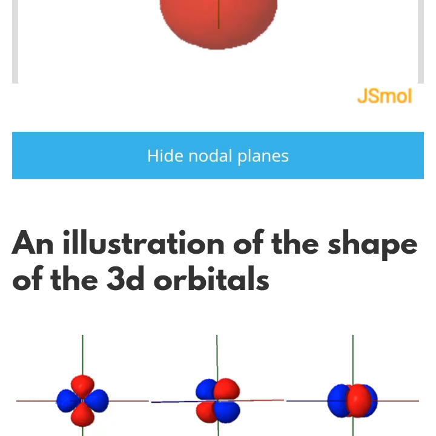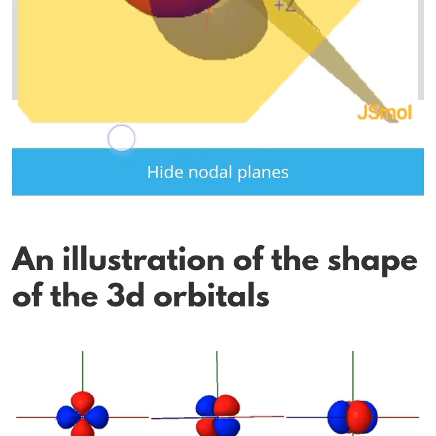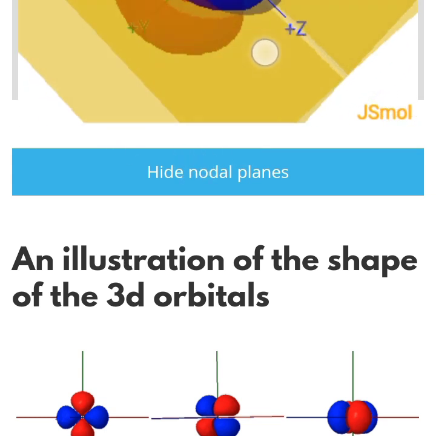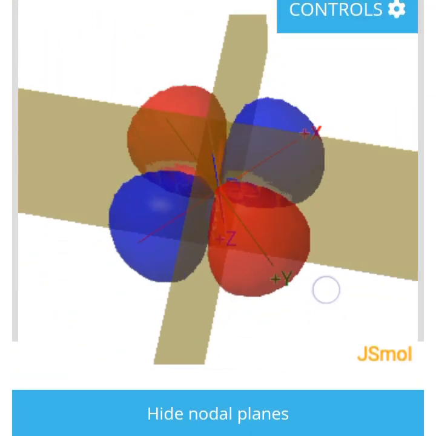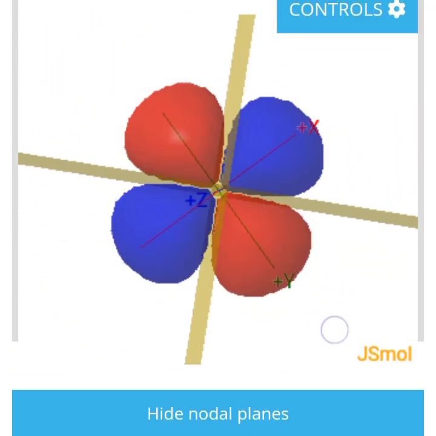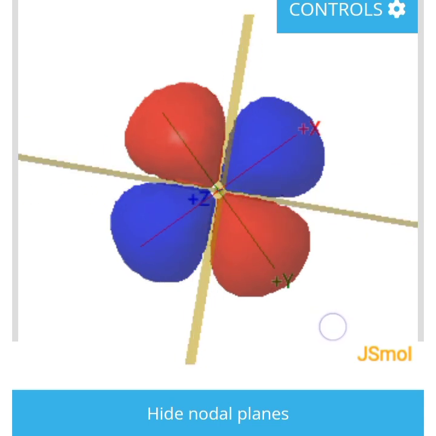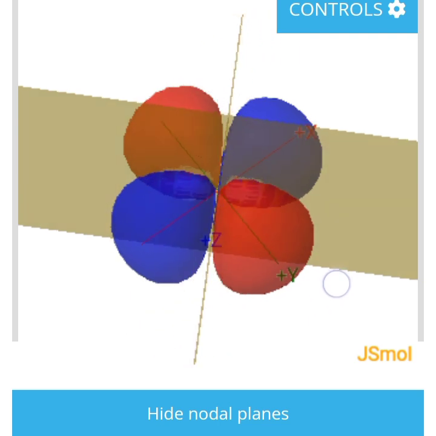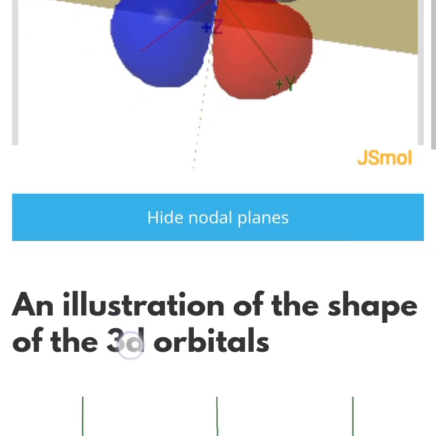Okay, so now we want to discuss another orbital. Seen this, the number of nodal planes is 2. Seen this, one is this and another is this, and this orbital is passing through the x and y axes. So this orbital is called the dx square minus y square orbital.